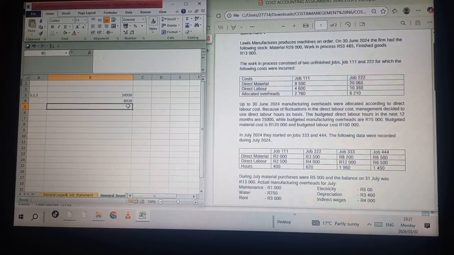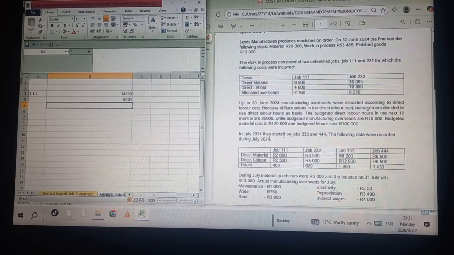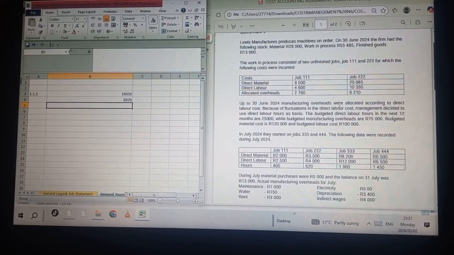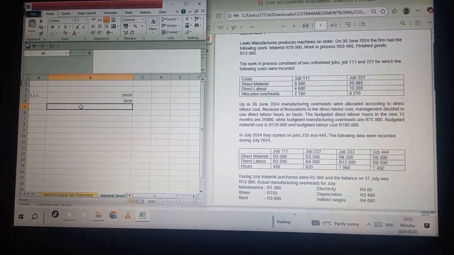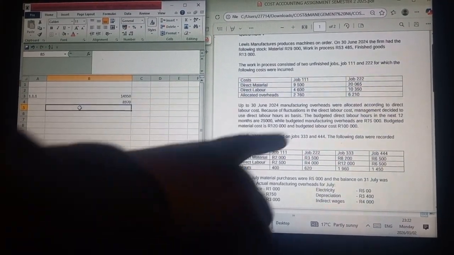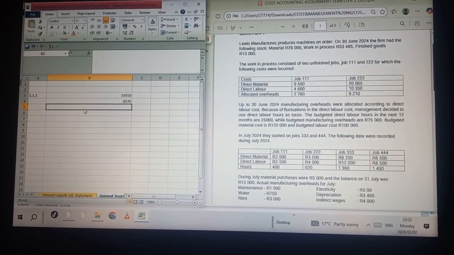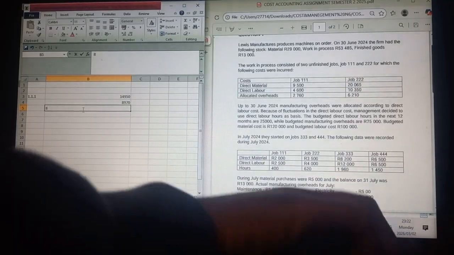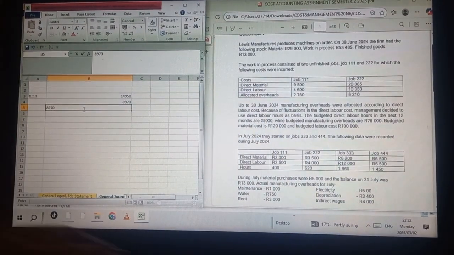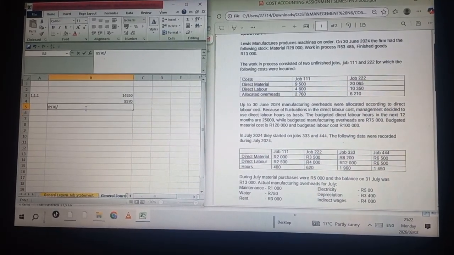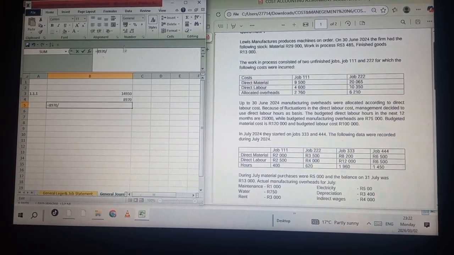Remember, what you want over what you have. We need to calculate the rate of manufacturing overheads. We want the allocated manufacturing overheads. We want the rate, which is 8,970, the total of allocated overheads, divided by what you have.